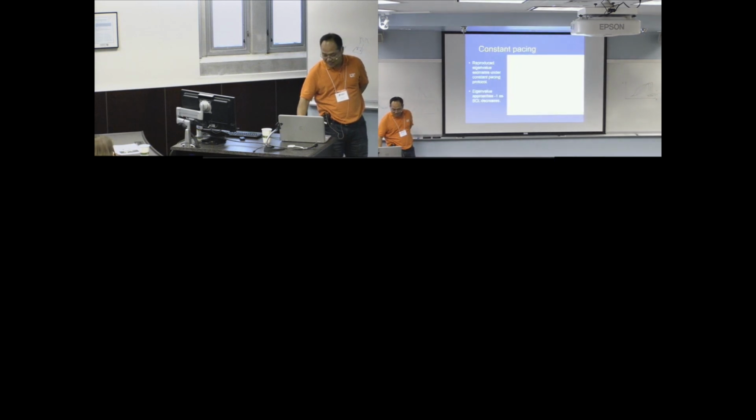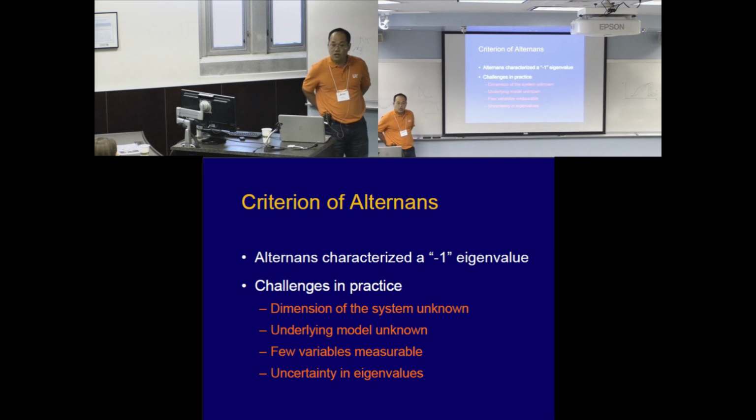I didn't emphasize that. So based on dynamical system theory, the idea is that if we have one eigenvalue approaching -1, then that's an indication of a period-doubling bifurcation. So alternans is a period-doubling bifurcation.